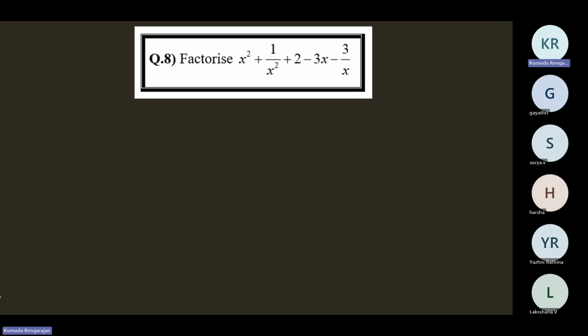Factorize again. So we have x squared plus 1 by x squared plus 2 can be written as 2 into x into 1 by x.